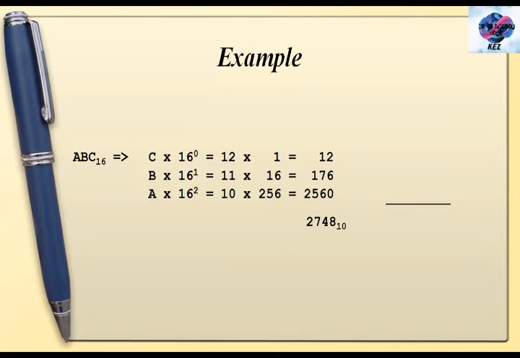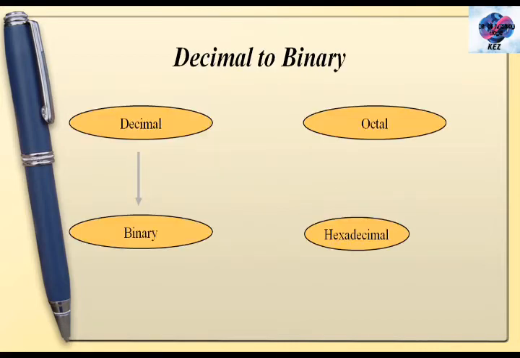So right now, after this level, conversion from any number to decimal is covered. Now decimal to any other number we have to learn, and also binary to octal, octal to binary, hexadecimal to binary, binary to hexadecimal. These conversions we have to learn now. So let's start.